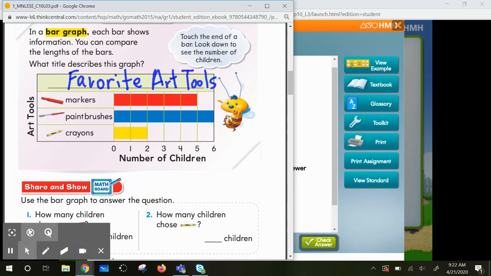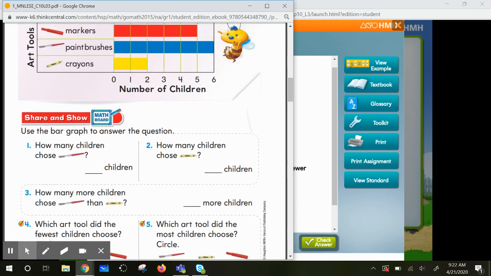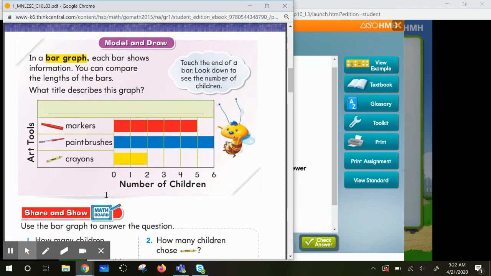All right. So remember, you're going to be using the bar graph to actually answer these questions. How many children chose paintbrushes? Pause the video, come back, look at your book, find paintbrushes. Remember to come to the end of the bar and go straight down and write the number that matches with that line.